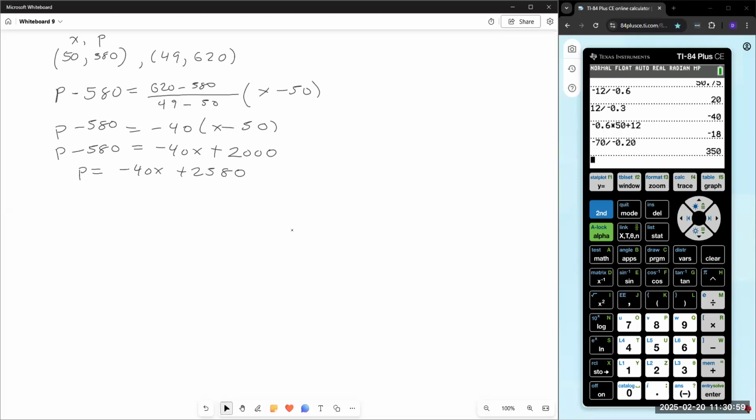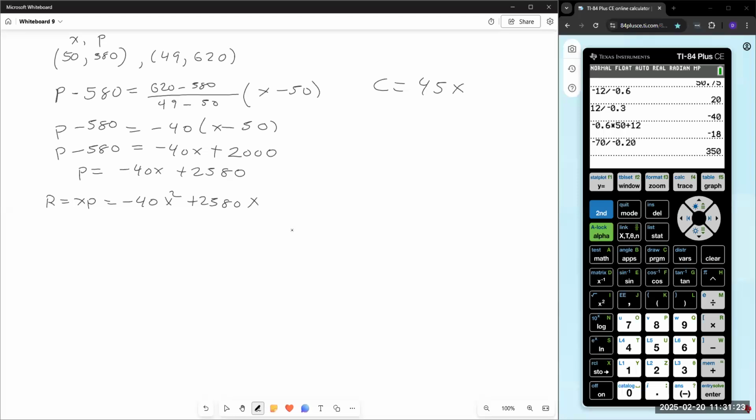So then that makes my revenue function R equal to xP, which is negative 40x squared plus 2580x. We have our cost function, which was given to us as $45 a month per unit that's occupied.